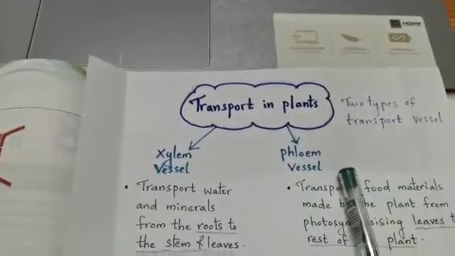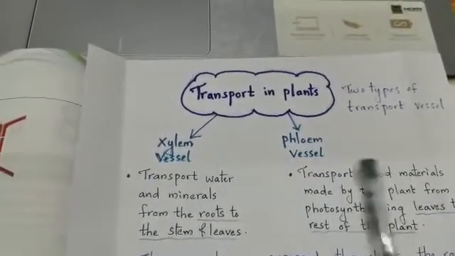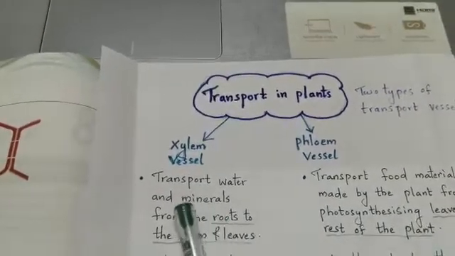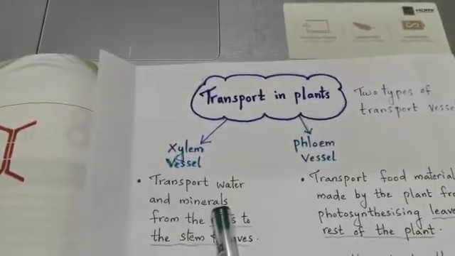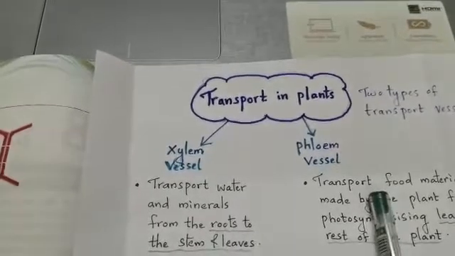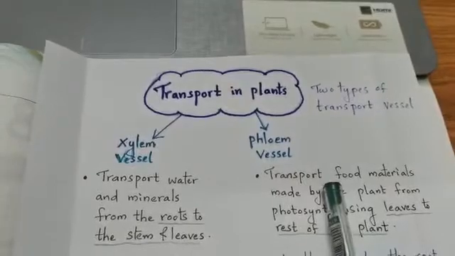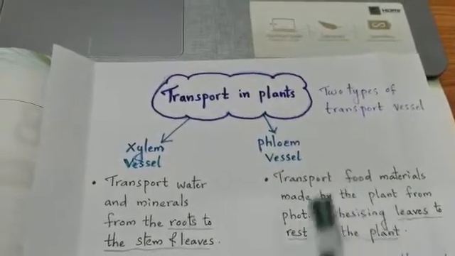So phloem carries the food material, and xylem vessels carry water and minerals.